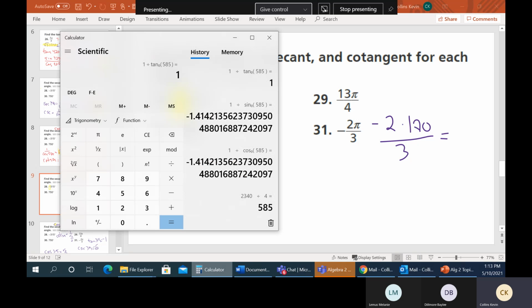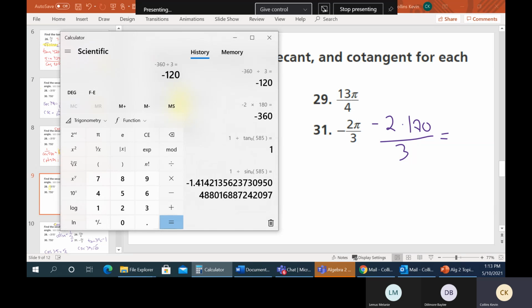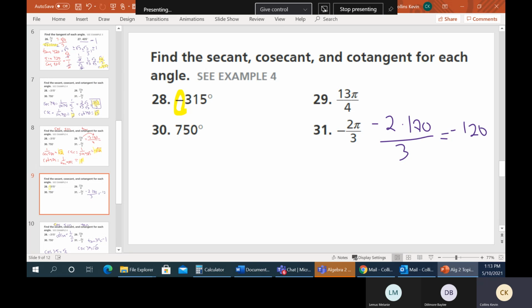Here he is. So we're going to go 2 negative times 180. That's -360 divided by 3 is -120.